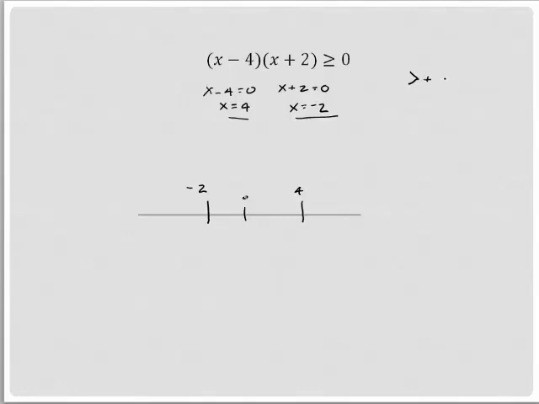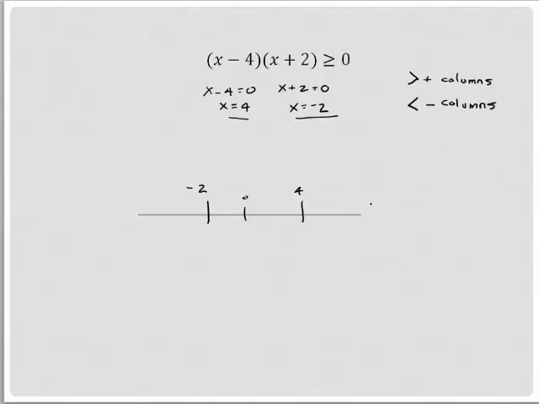The greater than symbol is going to be correct with the plus columns, and the less than symbol is going to be true with the negative columns. Now I'll remind you of that, and we'll see how that comes into play.